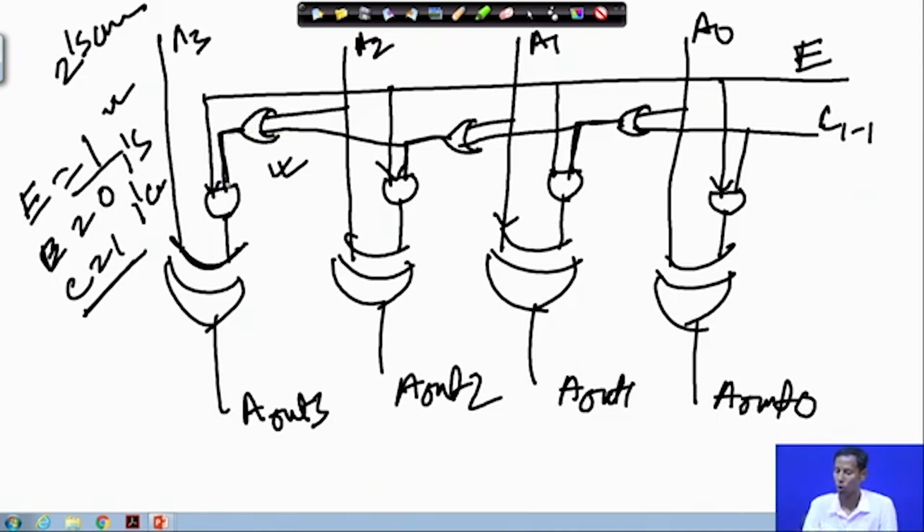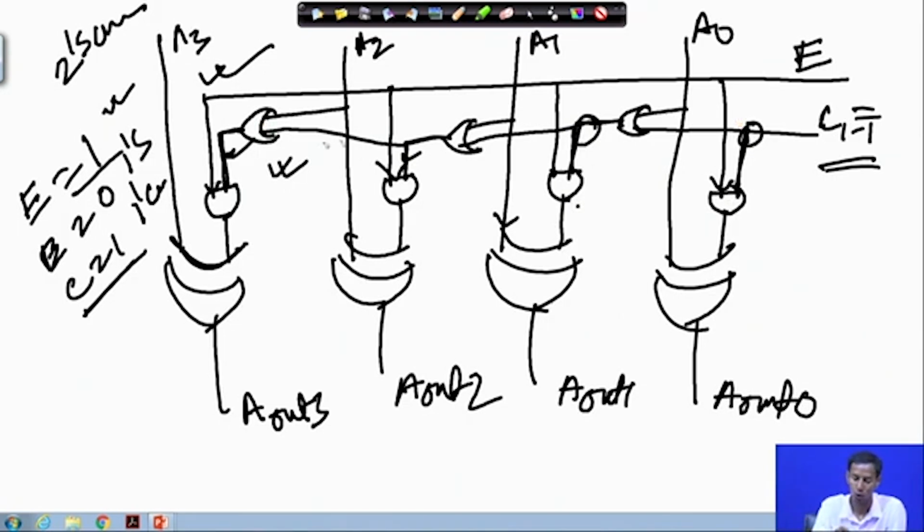So, if it is an incremental circuit, at that time what will happen? This is nothing but the incremental circuit, where I just add 1 here. Whenever E is 1, the AND gate output will depend on this particular input.